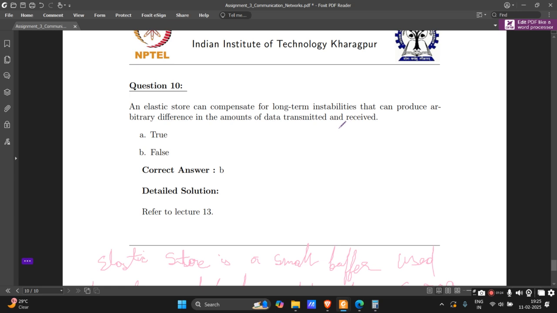So if you have data coming from two links, one is 100 Mbps, another is 10 Mbps, then of course the 100 Mbps data source will complete transmitting its data a lot faster than the 10 Mbps source.